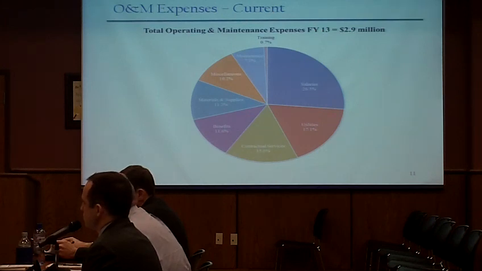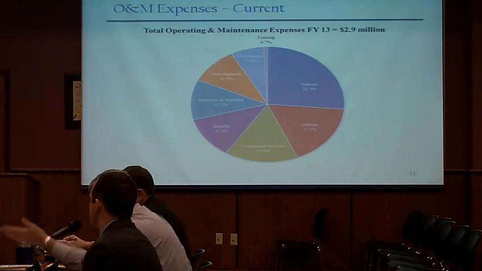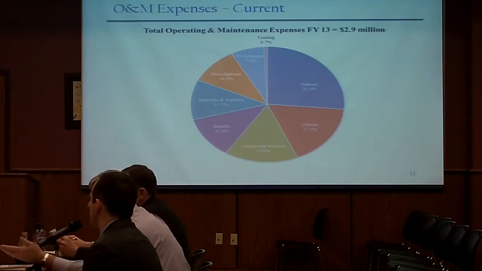You'll recall we engaged the services of the Maryland Center for Environmental Training to do a staffing study to see what is the recommended staffing level for a wastewater utility of this size, et cetera, and they came back with an answer that showed we were short-staffed.